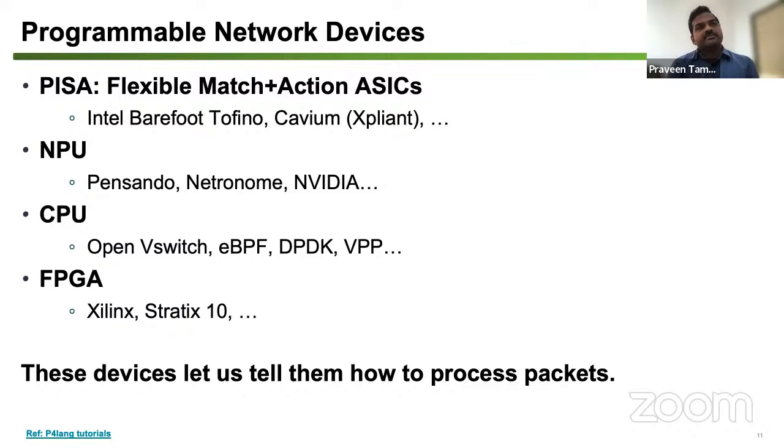Also, there are high-speed software-based packet processing engines like OpenFlow, eBPF, DPDK, which run on CPU. They are another set of targets for the P4 programming language, and also FPGAs from Xilinx and Stratix are another target.